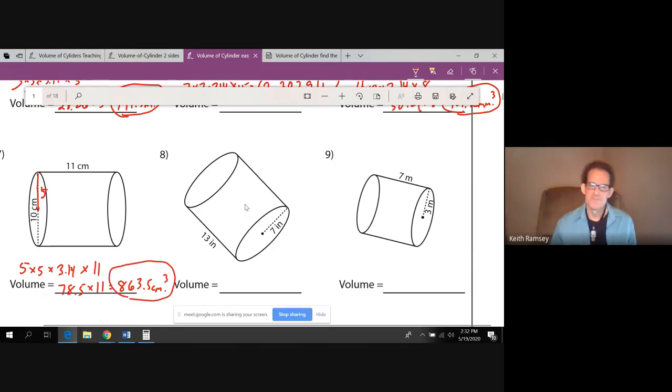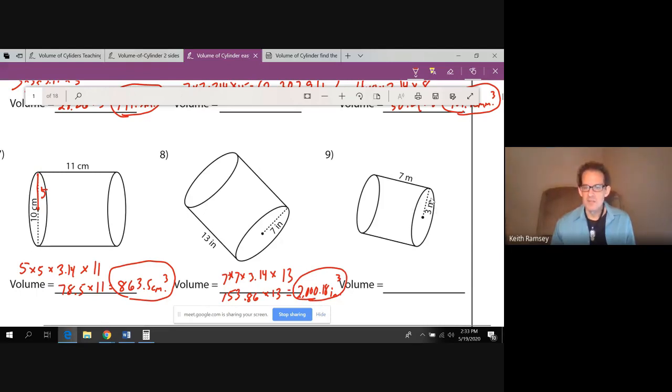Let's look at number 8. So my radius is 7. So I've got 7 times 7 times pi times a height of 13. So I know 7 times 7 is 49 times pi is going to be 153.86 times 13. And that's going to equal 2000.18 cubic inches for number 8.